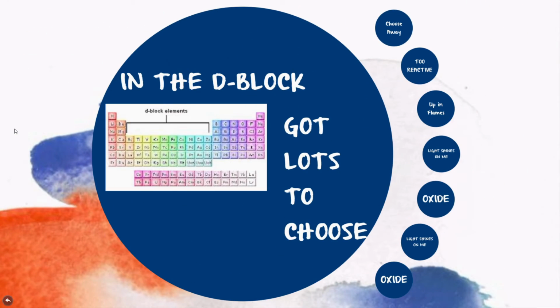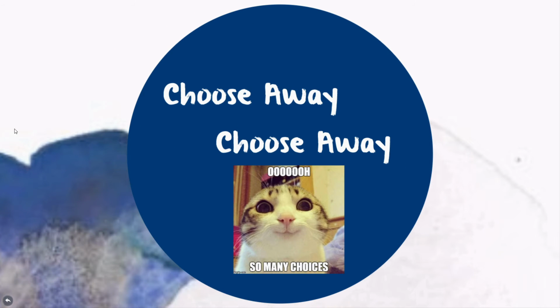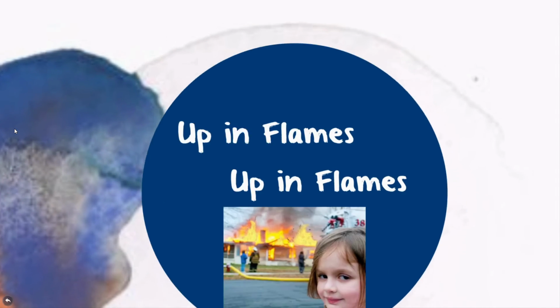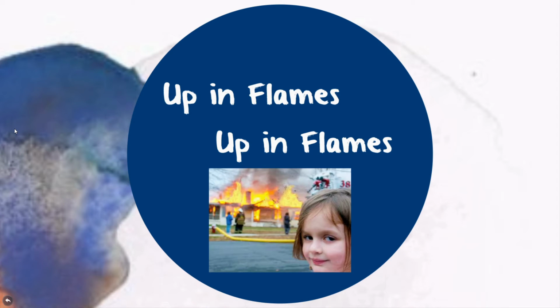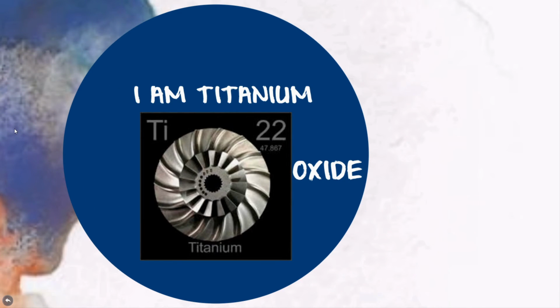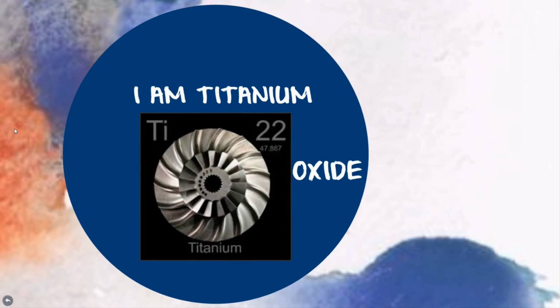In the deep block, got lots to choose. Choose away, choose away. Use group 1 to reactive. Up in flames, up in flames. A chance on me, and they console. Outside.